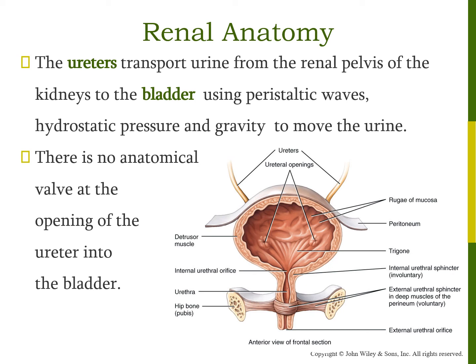So the internal urethral orifice opens into the urethra, which is surrounded by the external urethral sphincter. Again, this is voluntarily controlled to regulate the excretion of urine in a process called micturition.